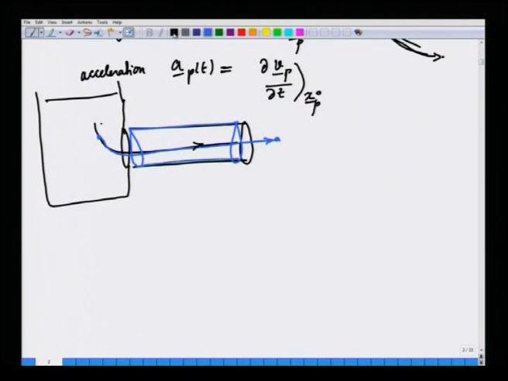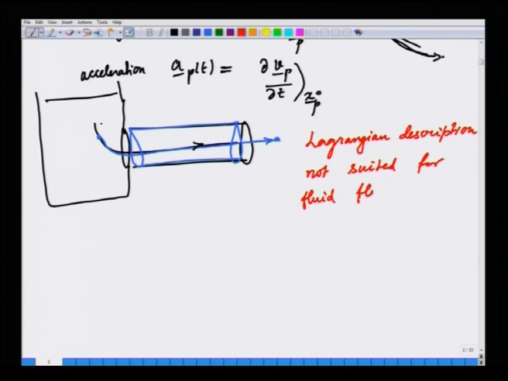So, instead of the Lagrangian description, what is normally followed? So, the Lagrangian description, let me just write this, is not suited for fluid flow problems. Okay.